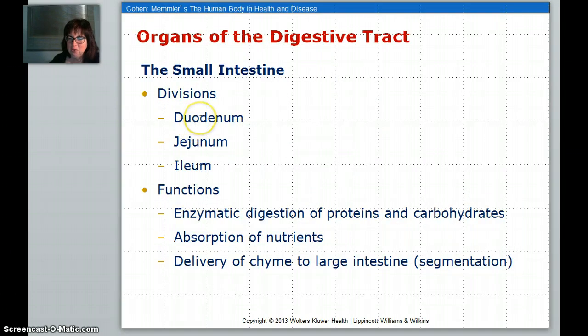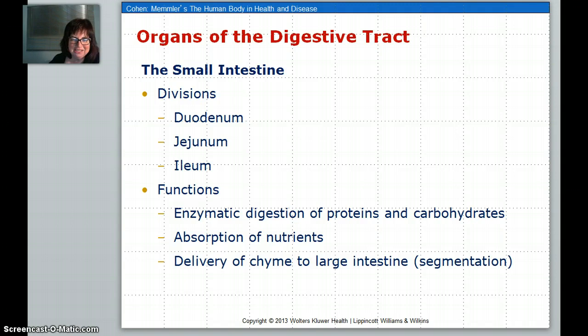The duodenum, duo means 2, denum means 10, so 10 and 2 is 12. It is the first 12 inches of the small intestine. There is no distinct area where the jejunum and the ileum divide off. You can just tell them by the lack of villi or folds.